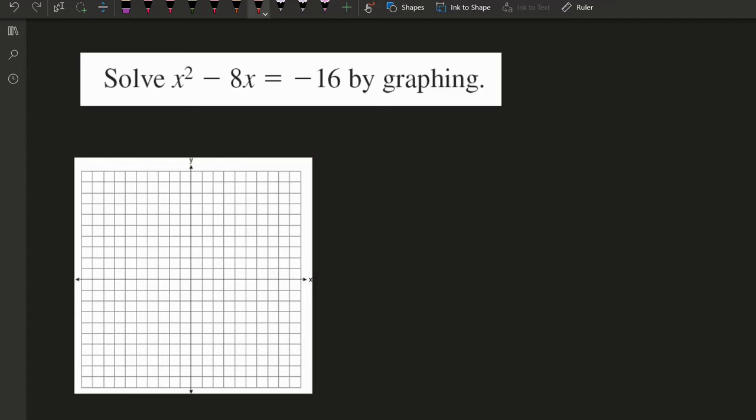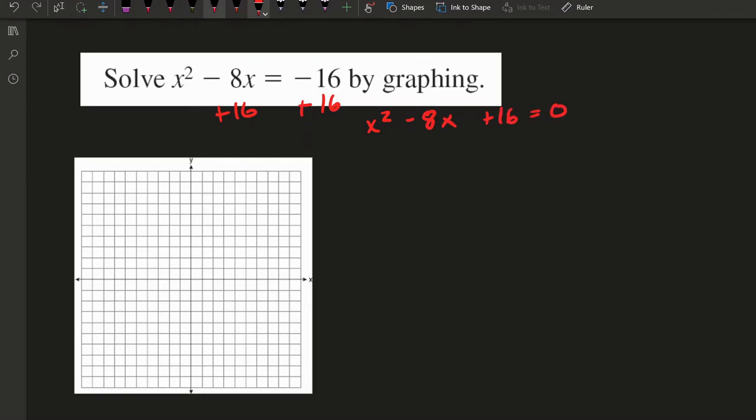Looking at this graph, it only goes down to -10, so I'm going to have to draw a bunch of extra lines. What I could do instead is add 16 to both sides before I graph, which would give me x squared minus 8x plus 16 is equal to 0.